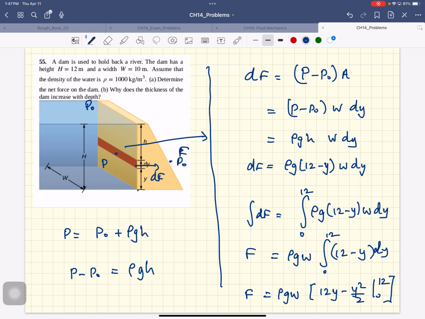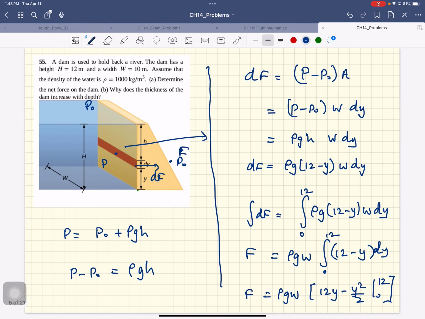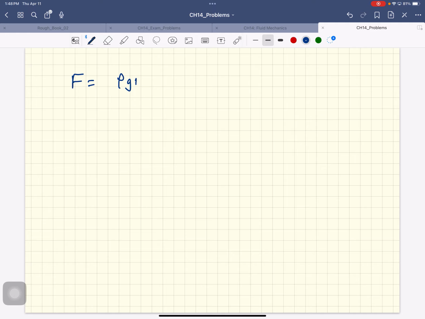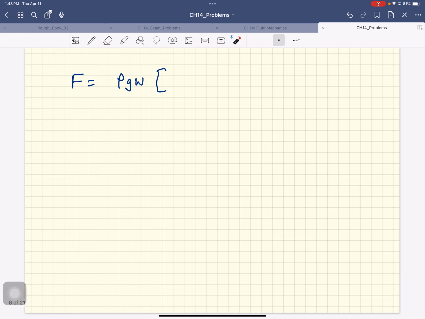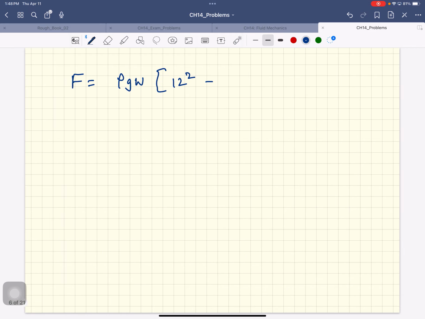All right, so the net force is rho g W times, with this limit applied, 12 squared minus, again, 12 squared by 2.